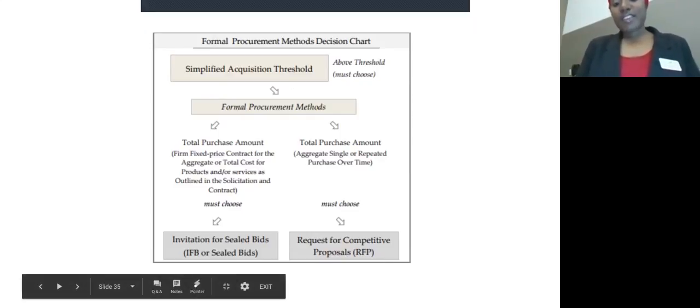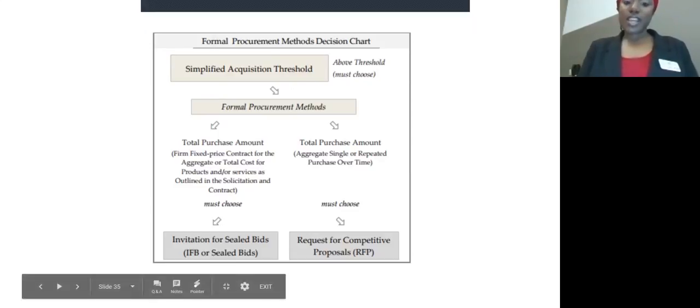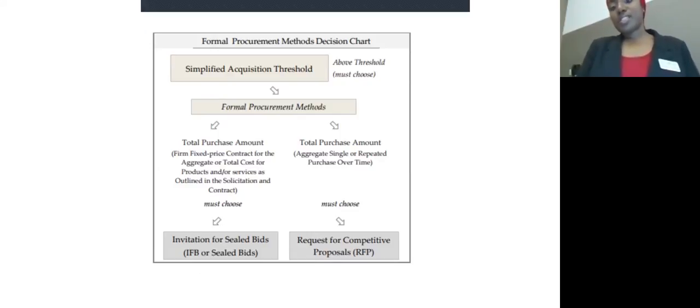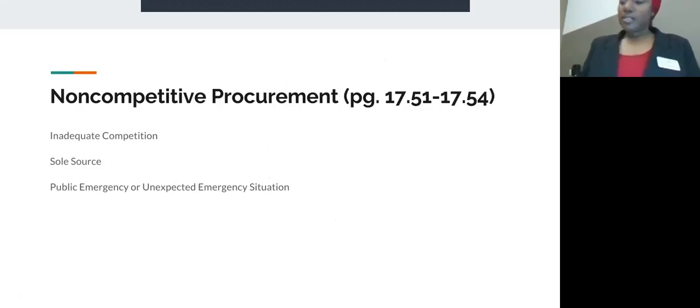As far as the IFB goes, the firm fixed price contract for the aggregate of total cost for products and or services is outlined in the solicitation and contract. Or you have your RFP where you have your aggregate single or repeated purchase over time. And so that's just giving us the general overview breakdown of the formal procurement methods. 17.46, okay, 17.46 for that last chart.